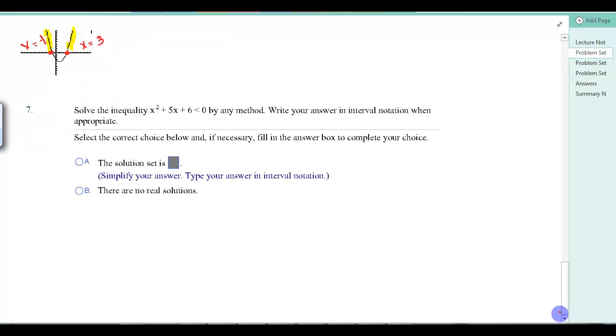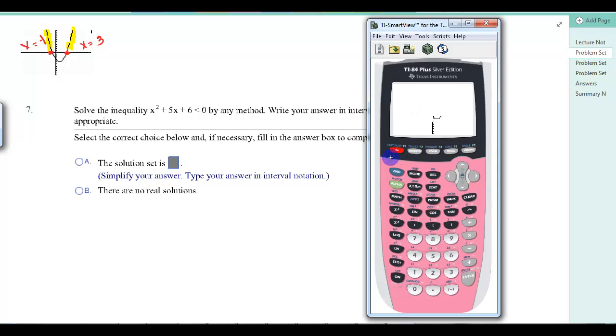Number 7, same way, and it does say to use interval notation. When you go in, you're going to do the same thing. Clear this, x squared plus 5x plus 6, graph. I'm going to do a zoom 4 so that I can see that a little bit better, because it's kind of hard with that small window.